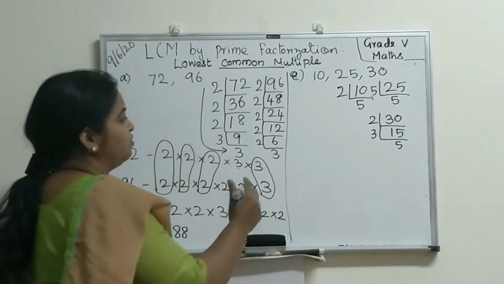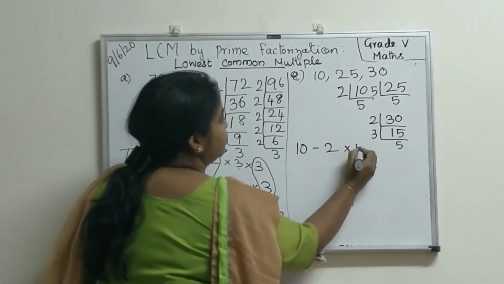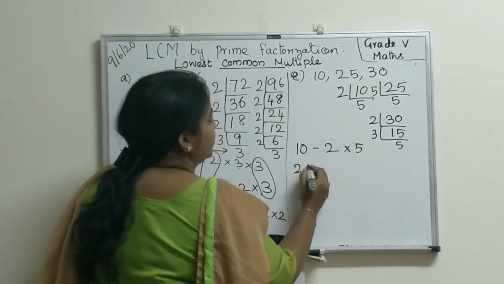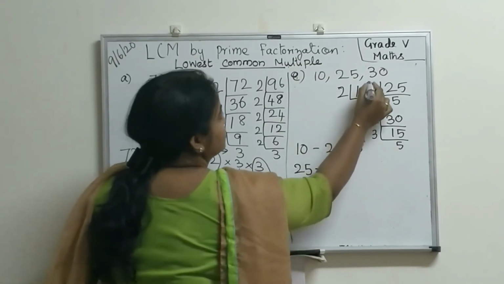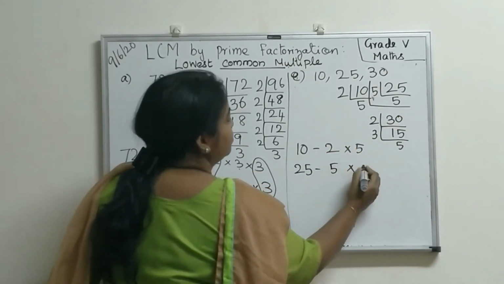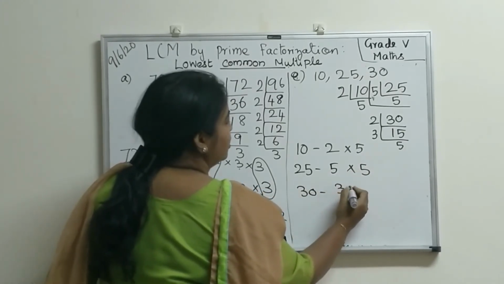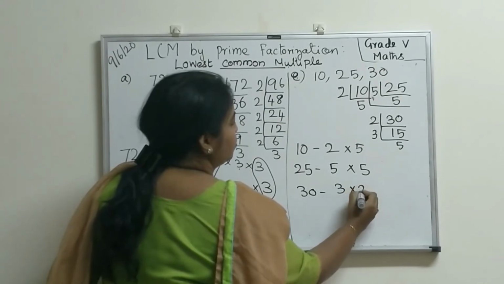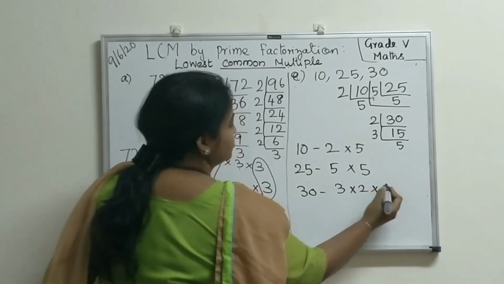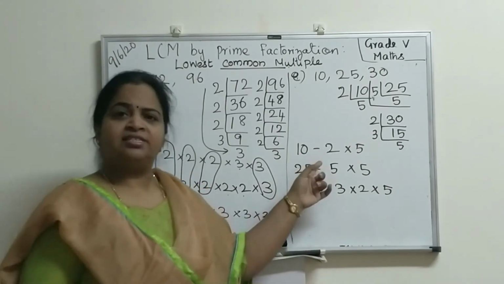Okay, so we will write the factors. 10, 2 into 5. 25, 5 into 5. 30, 3 into 2 into 5. So we will find the common factors between these three numbers.